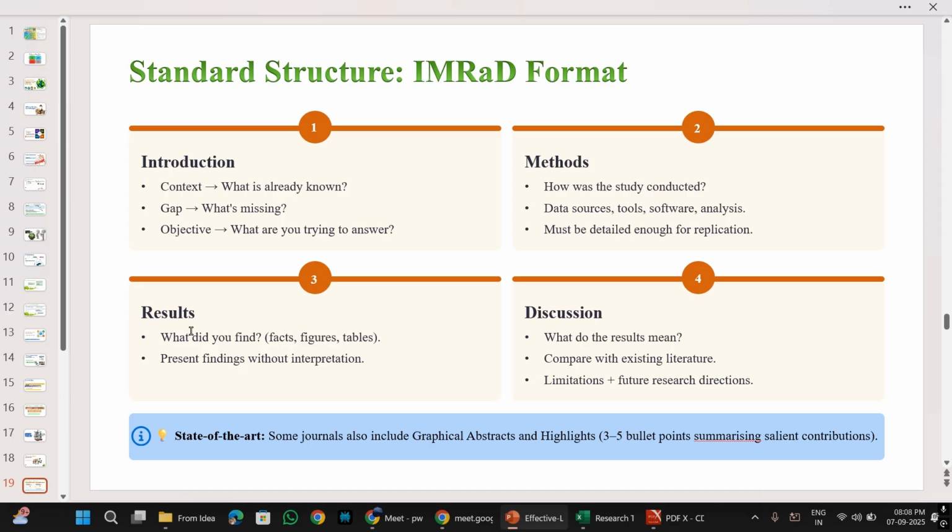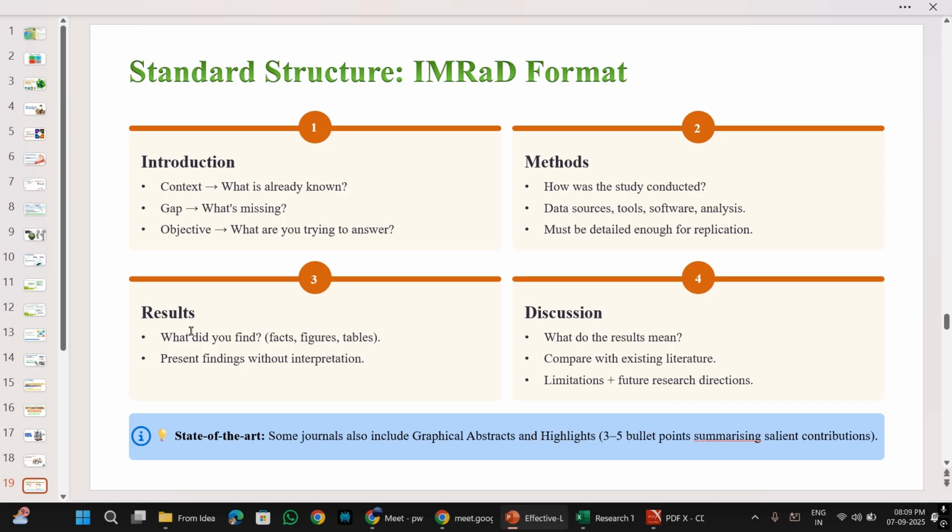Interpretations are essentially made in the next section, that is D for discussion. What do the results mean? This is where you interpret what the results mean, and compare your results with that of somebody else's results. Somebody else must have also used similar data to make their deductions.